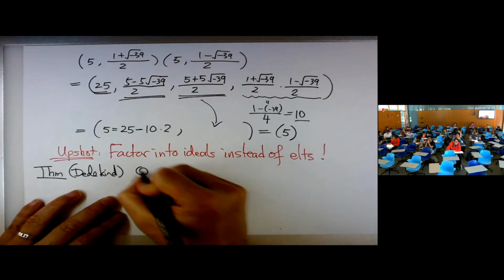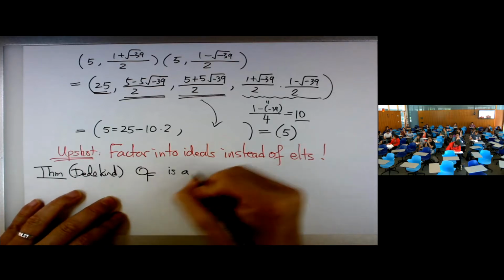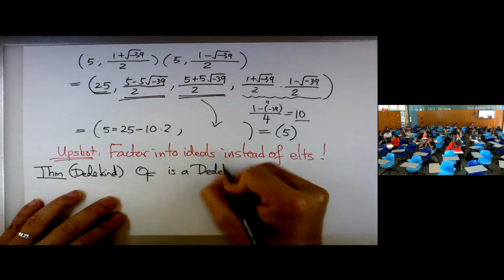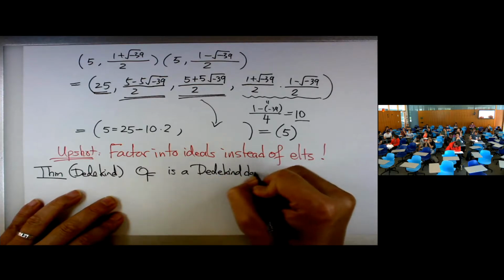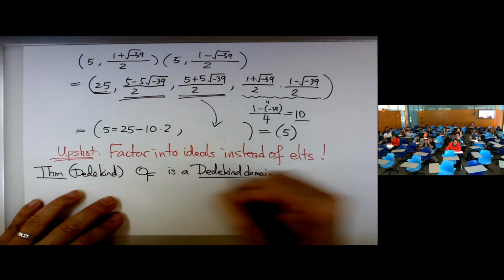So I said this OF is a, of course Dedekind didn't say it's a Dedekind domain. We later call it Dedekind domain.